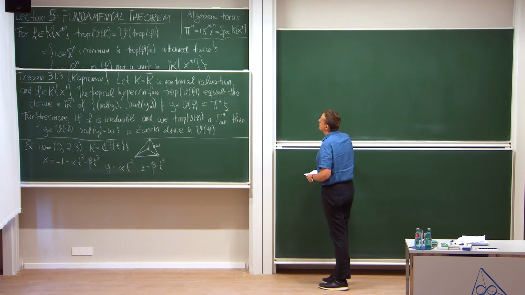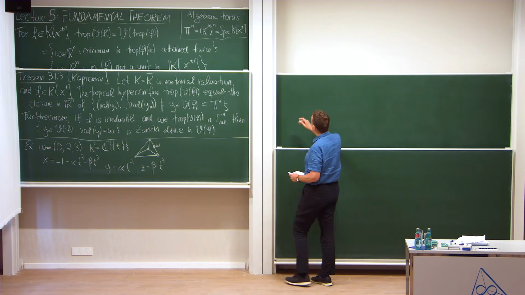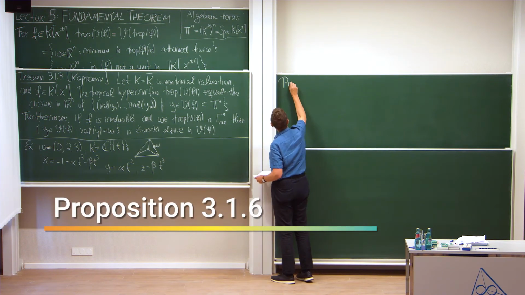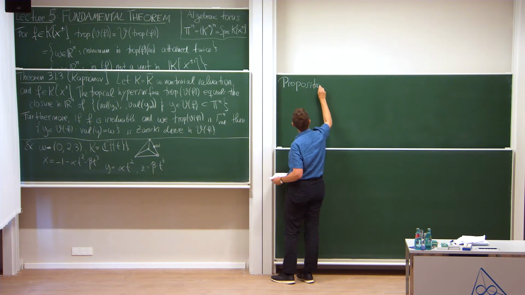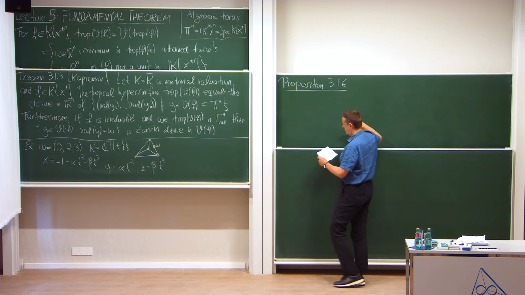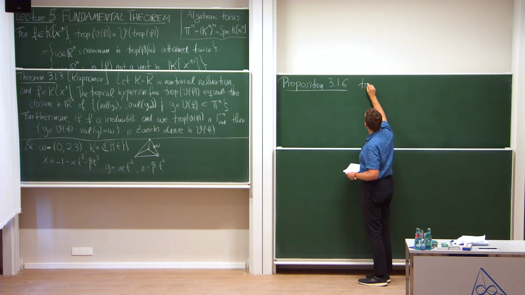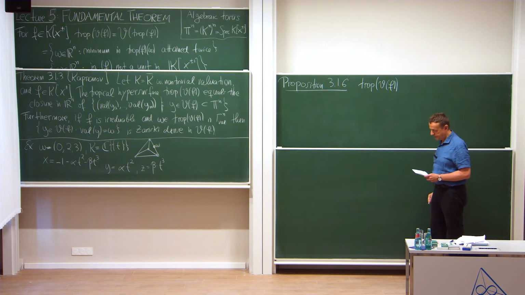Now, before we come to the general version, let's talk a little bit more about the combinatorial scenario that we have for hypersurfaces. So proposition 3.1.6. What can we say about the structure of the tropical hypersurface given by one polynomial in n variables?